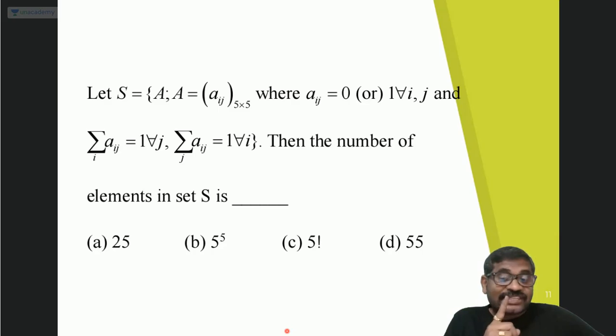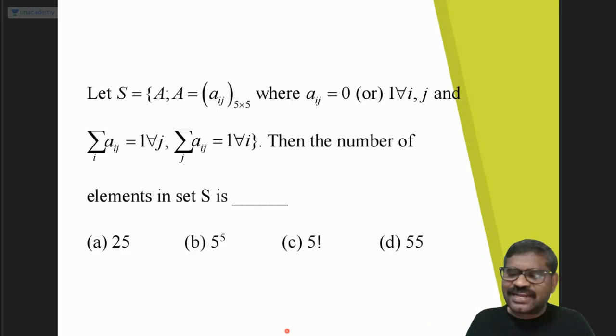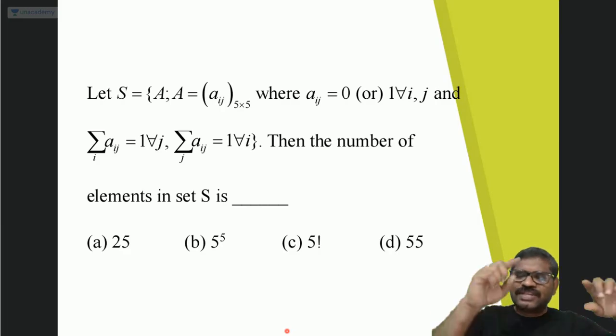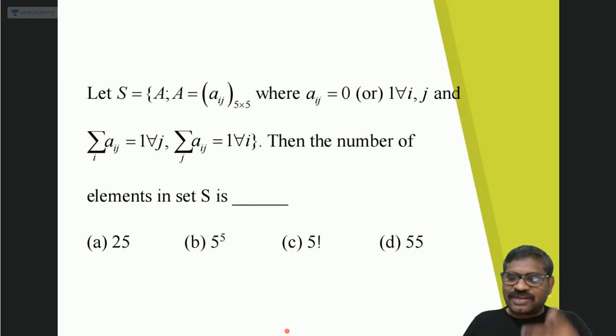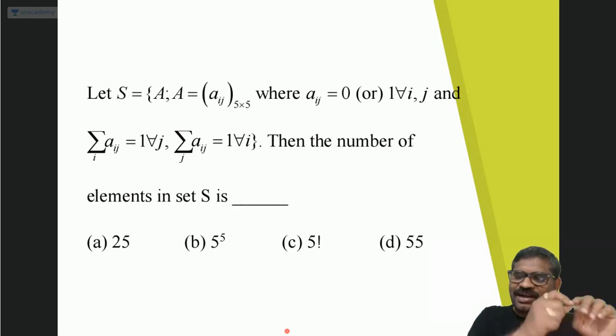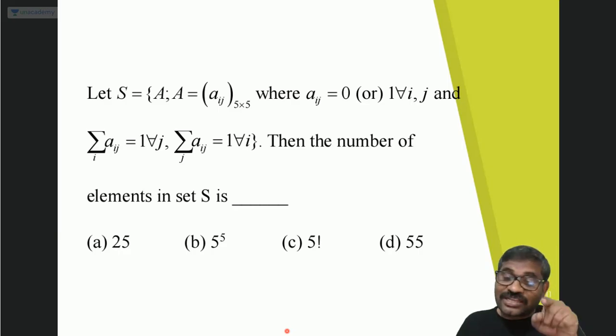First, understand the data because it is given in set builder form. Generally, to represent sets, you have two forms. One is roster form, another one is set builder form. This is not in roster form. Roster form means listing all the entries of the set. So it is in set builder form.